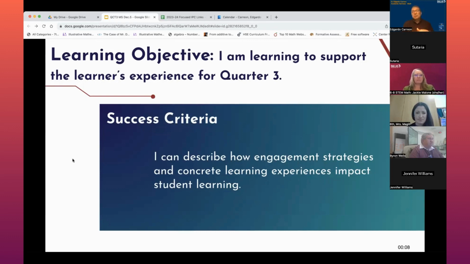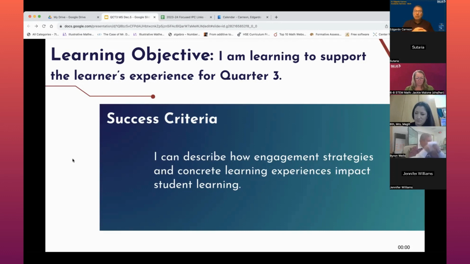One of the pieces that we have seen going to campuses is students either in rows or in groups, but they may not have that many opportunities to have a concrete experience or an engagement way to jump into the lesson.